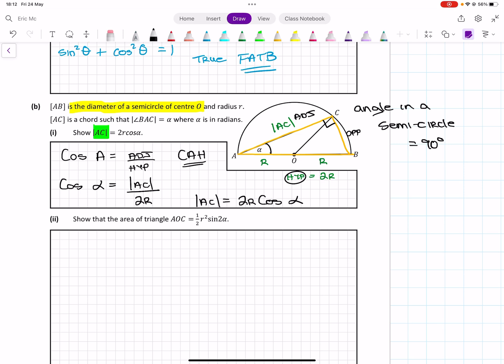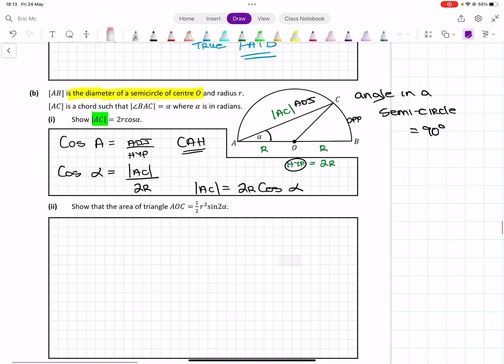Show that the area of triangle AOC, so that's the original triangle, that one, is a half r squared sine 2 alpha.